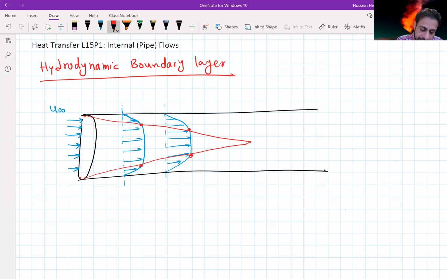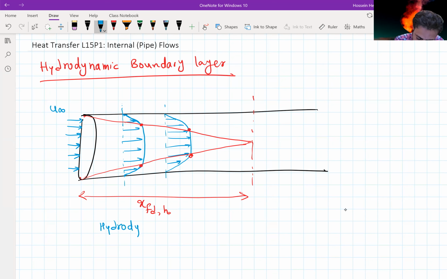So this is the boundary layer that we have for the internal flow. And I'm going to call this x_fd,h. This is the entry for the hydrodynamic or velocity, which we refer to as the hydrodynamic entry length.